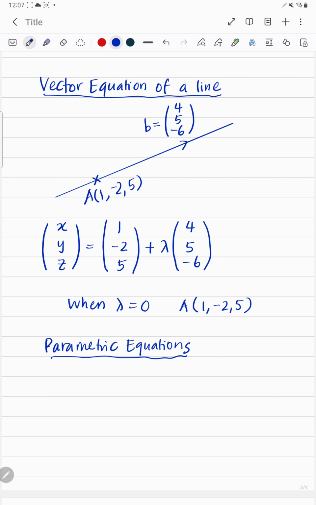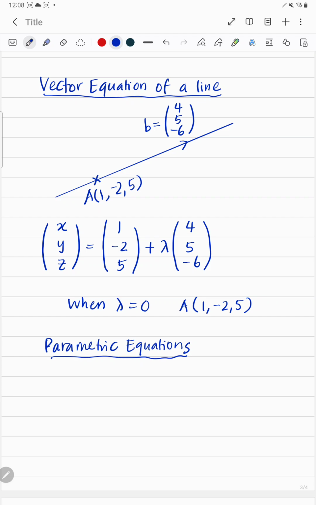In the parametric equation, the coordinate of x is an equation, the coordinate of y is another equation in terms of lambda, and the coordinate of z is another equation in terms of lambda. So they will be written separately in the form of x, y, z.